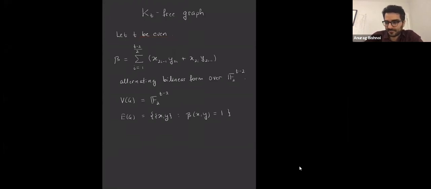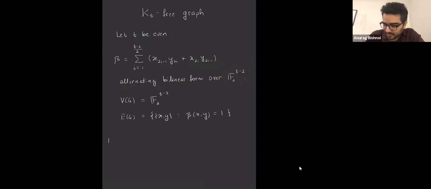So it doesn't really matter. And now I pick a bilinear form which looks like this. And the main thing to note is that this is an alternating bilinear form, and we are picking the field F2. So it's an alternating bilinear form in this vector space.